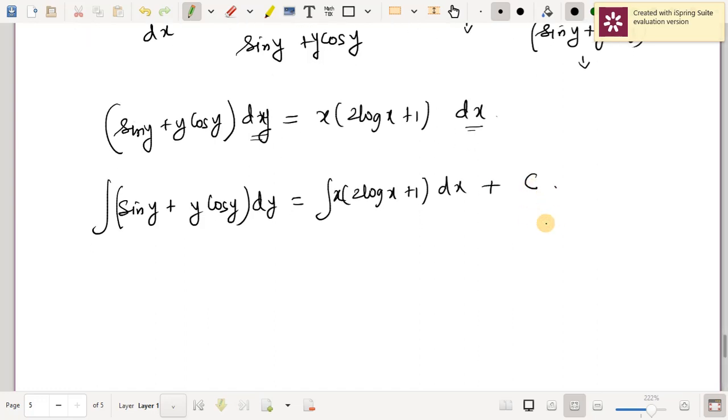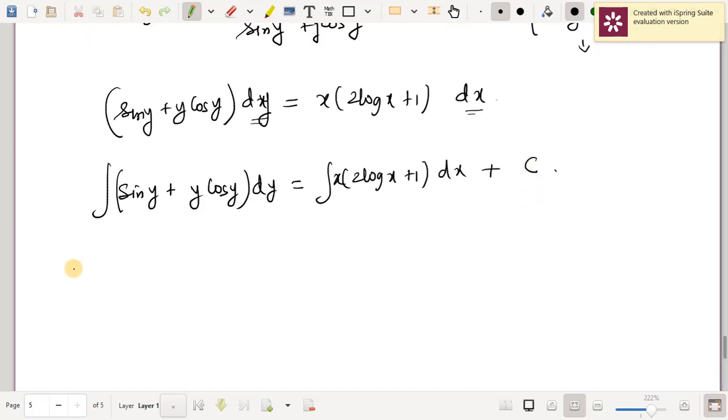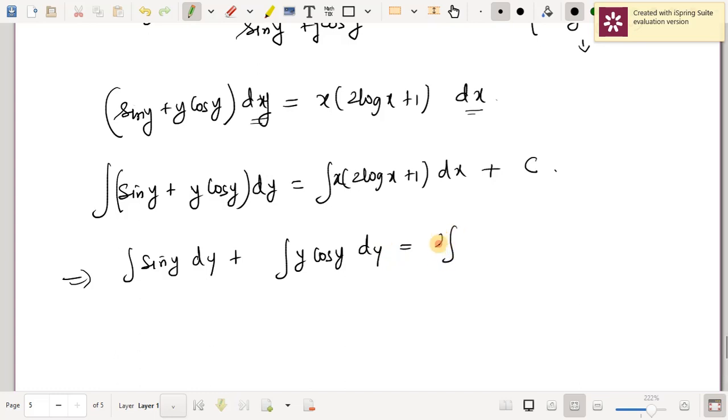That is the same as splitting this: integral of sin y dy plus integral of y cos y dy is equal to integral of 2 into x log x plus integral of x dx plus the constant.